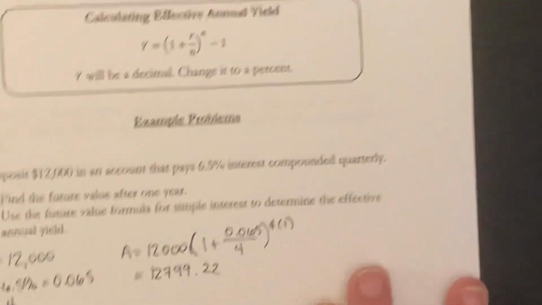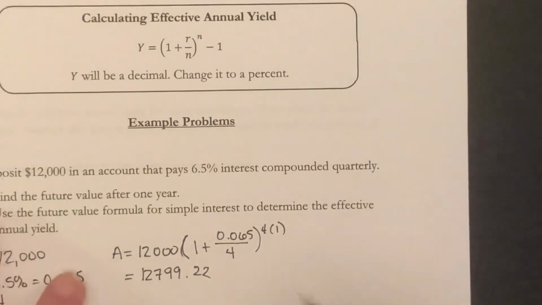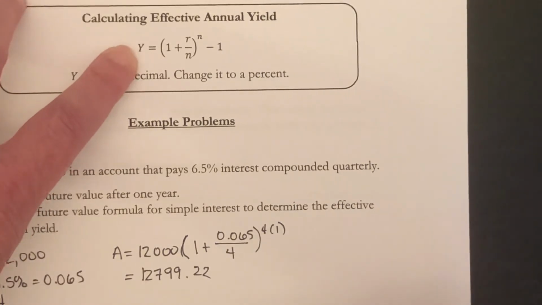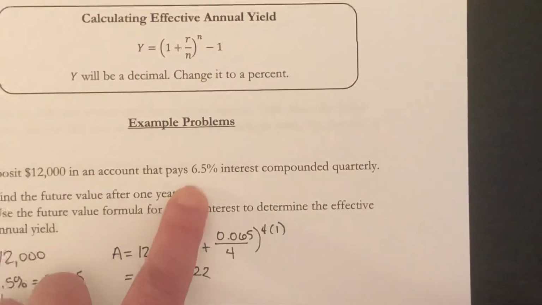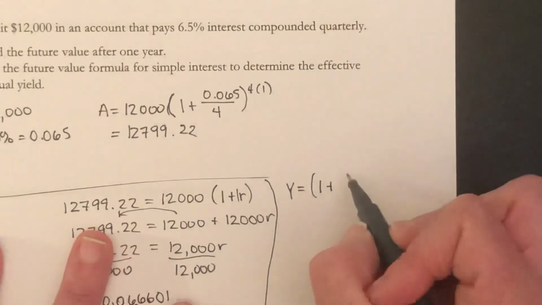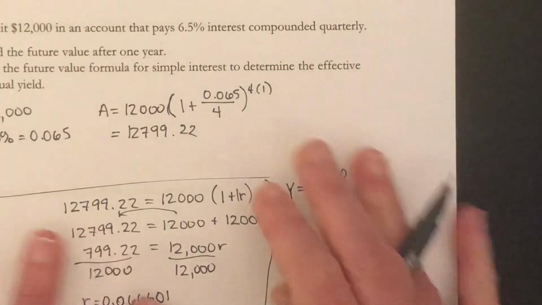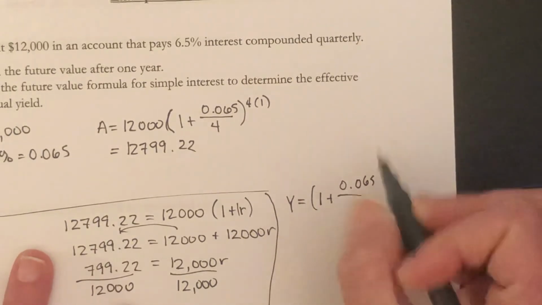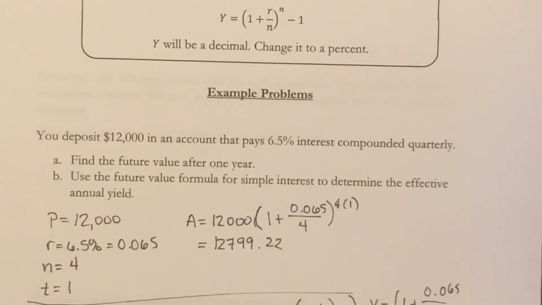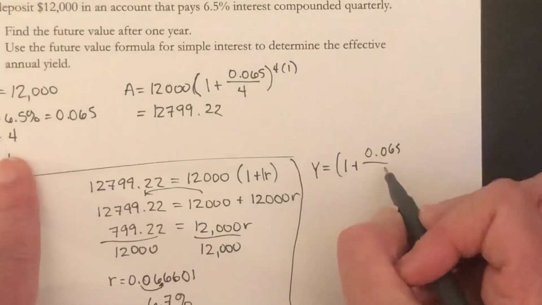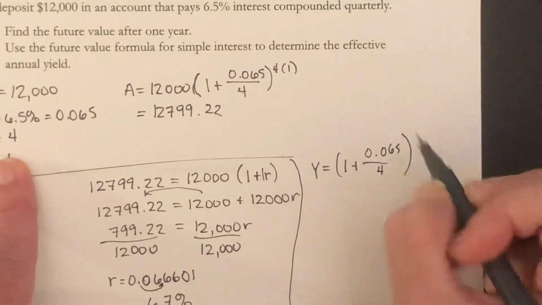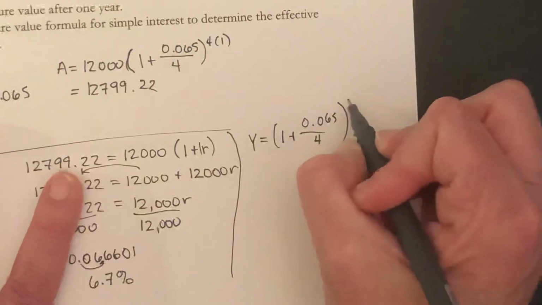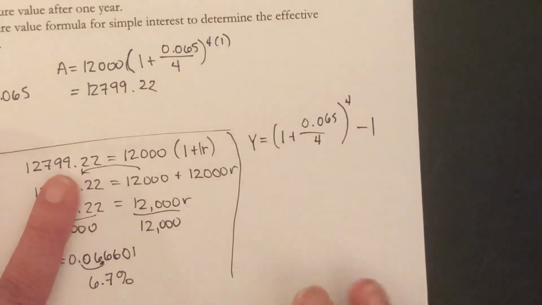Now let's use the formula and see if we get the same value. Y equals 1 plus our rate, which was 6.5%, 0.065, over the number of times we were compounding, which is 4, raised to the nth power, which is 4, and then minus 1.